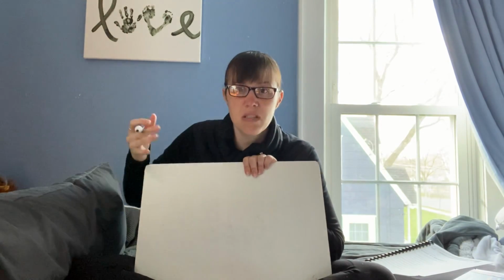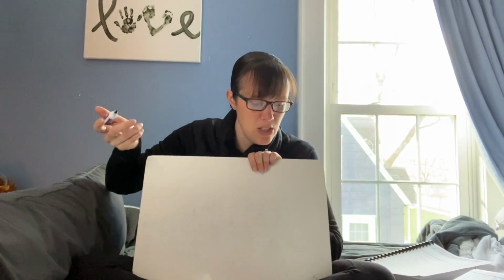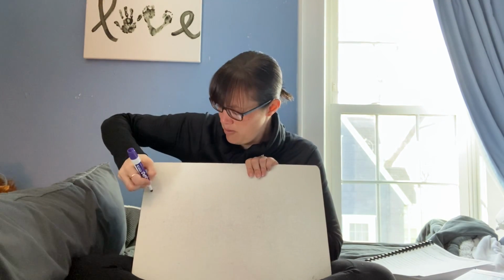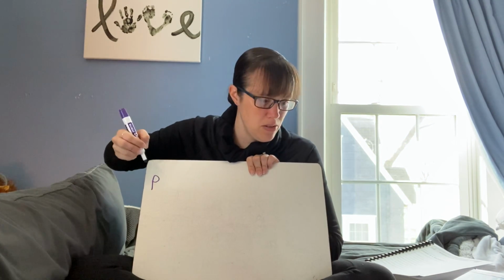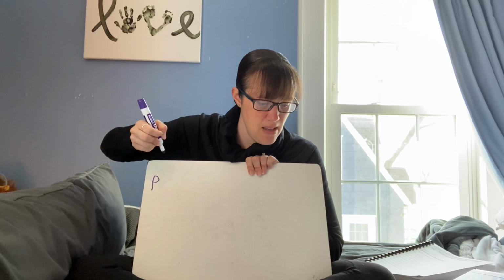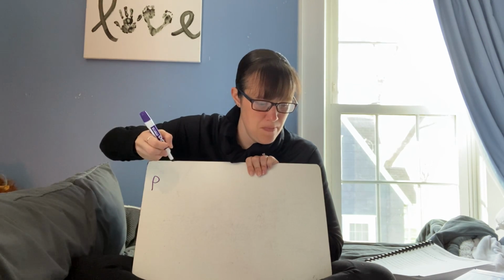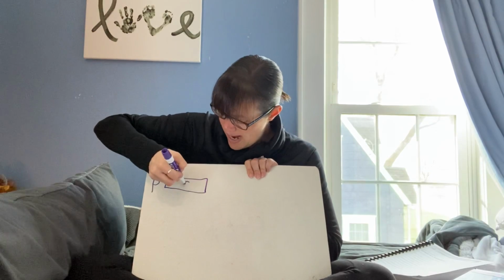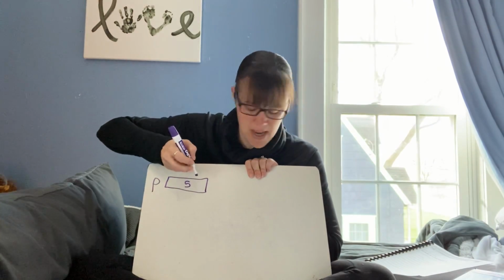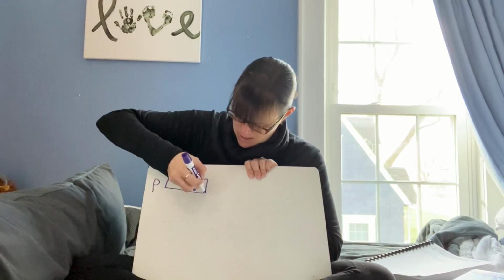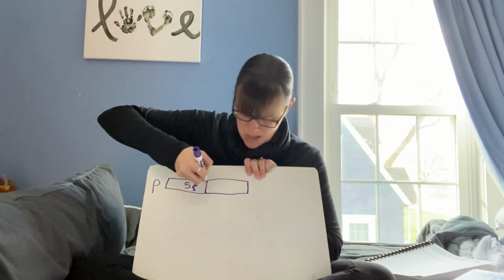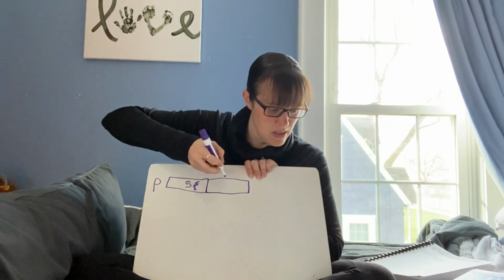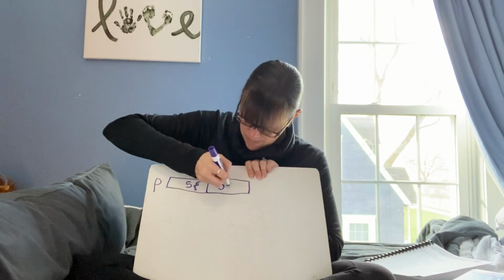Okay, so this one is harder to do, but the best thing to do is to draw it, okay? So I'm going to have P for players. Player I and B. So I is 5 6/8, and player B, right, is 5 7/8.